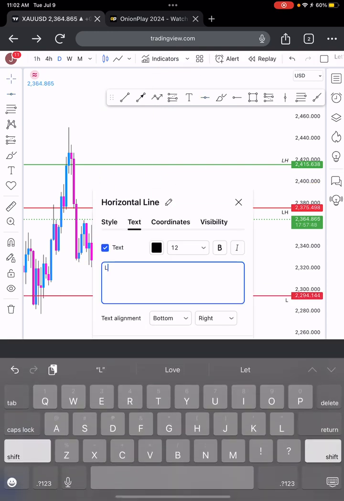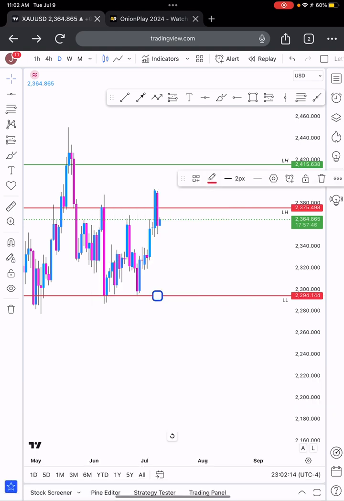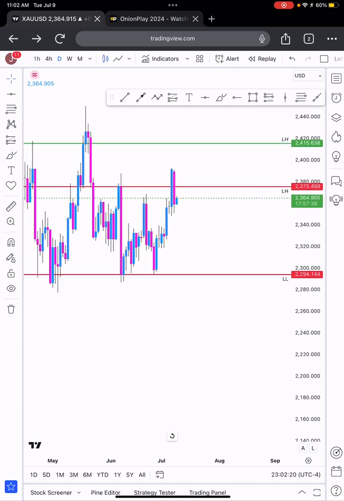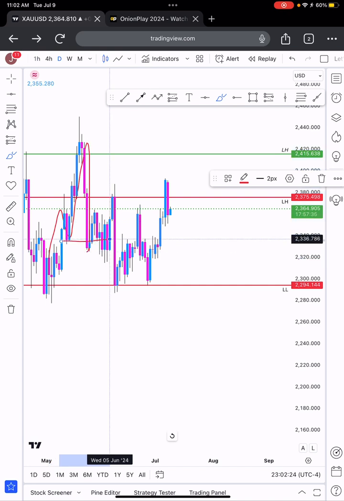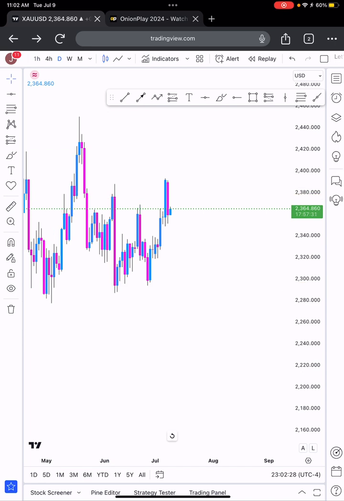All right, so this is the lower low. Right? So price ended up becoming bearish, right? So price became bearish as soon as the body closed below this level right here, right? So if you're wondering how it shifted from bearish, I'll just show you real quick.